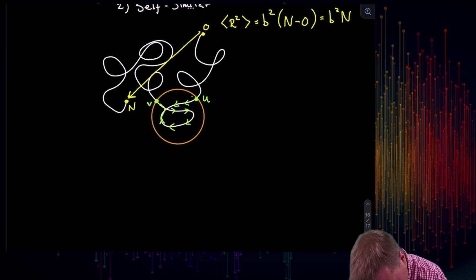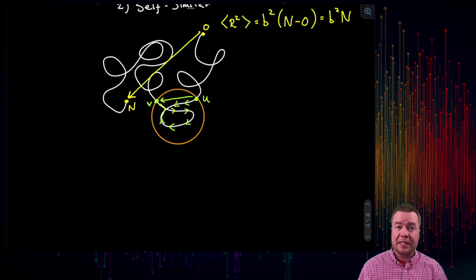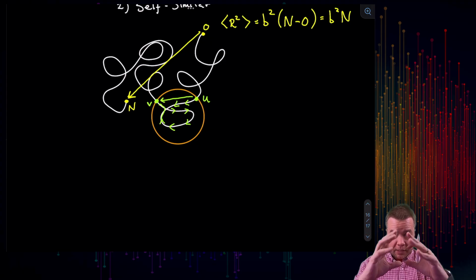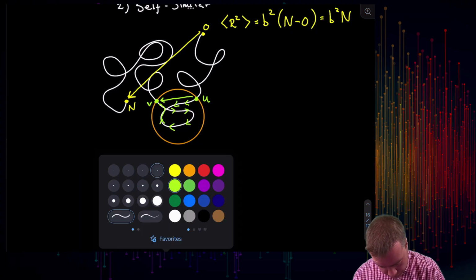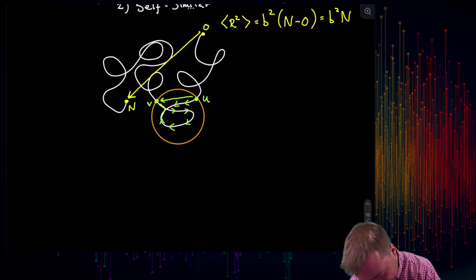So you could calculate the end-to-end distance of the region of the chain that's in that small orange circle, a subsection of the chain. And what self-similarity means is that if you wanted to calculate, let's call this, let's see, little g.